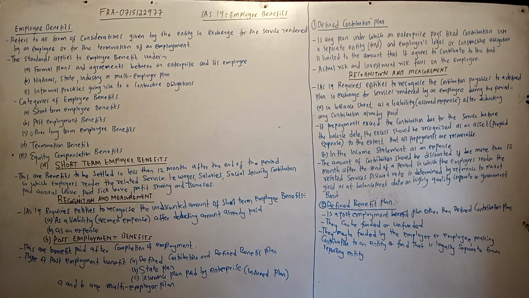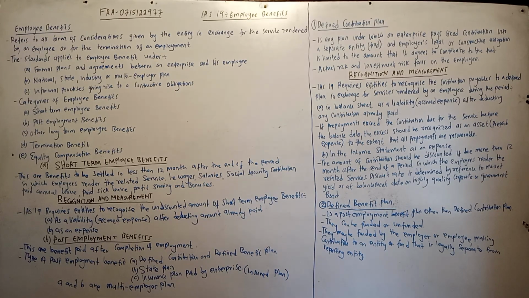So that is the meaning of the word employee benefits. Those are the consideration or the benefits that an entity or an organization exchange for the service. Examples of those benefits are the salaries, the social security contributions. We have paid annual leave or paid sick leave or bonuses.